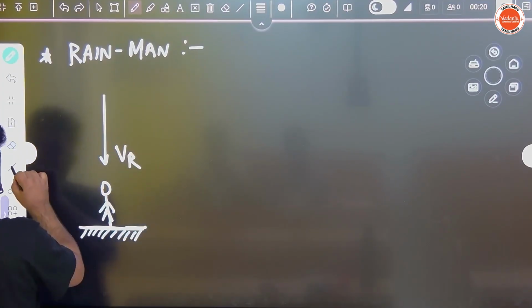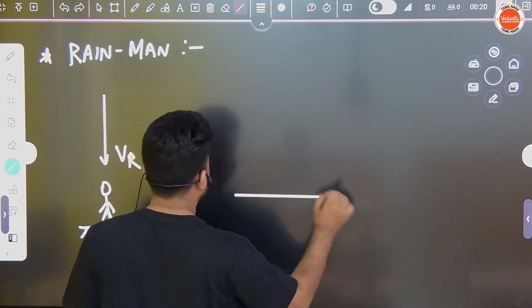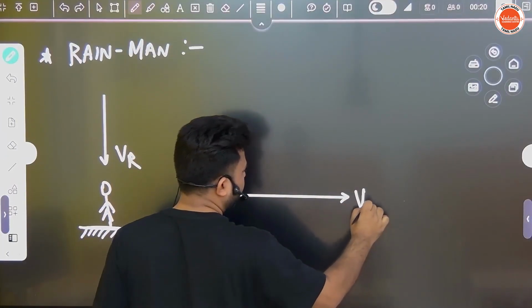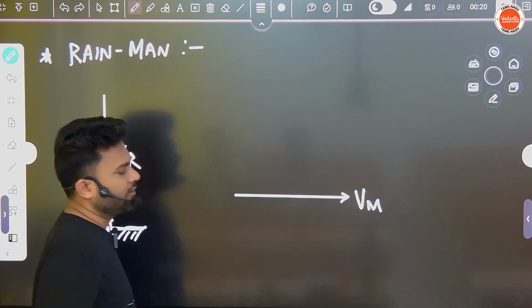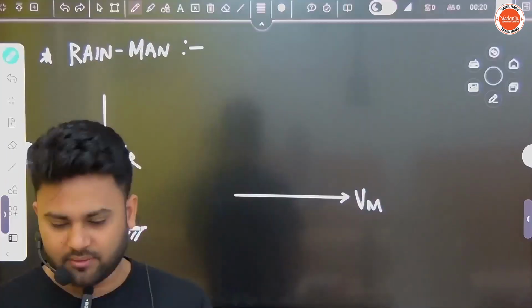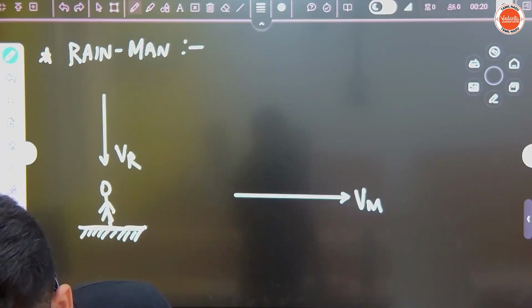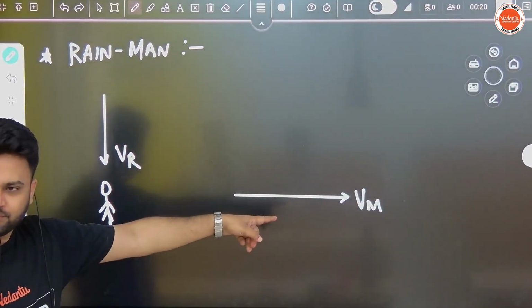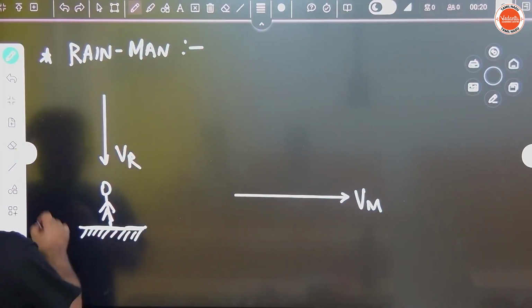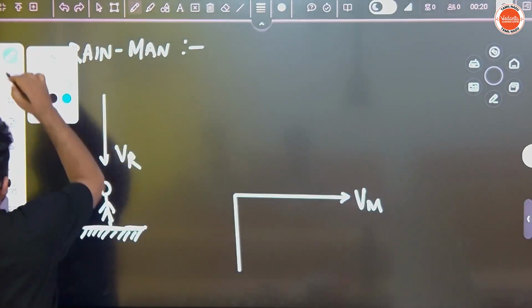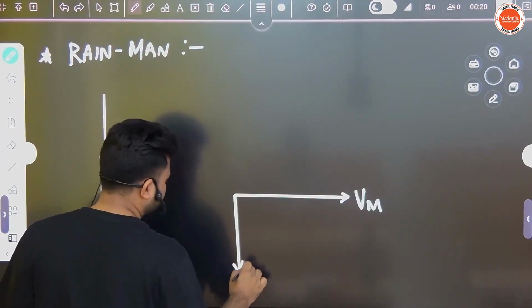So when you start running, suppose in this direction, this is the velocity of man. What was the velocity of rain? Velocity of the rain was in downward direction. This was the velocity of rain.